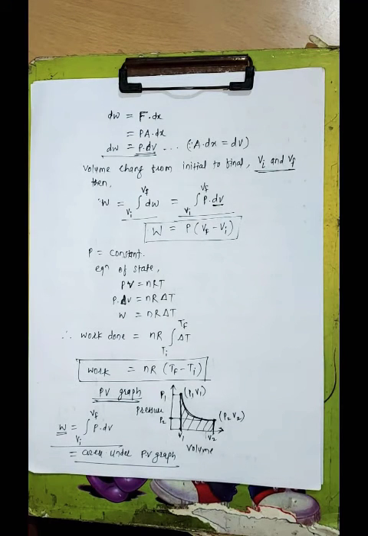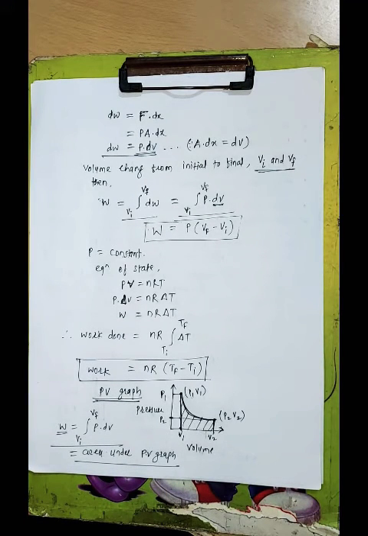Basically we conclude from these equations that work done is a path dependent quantity. The second conclusion is, if volume is constant in a particular thermodynamic process, then work done is 0.